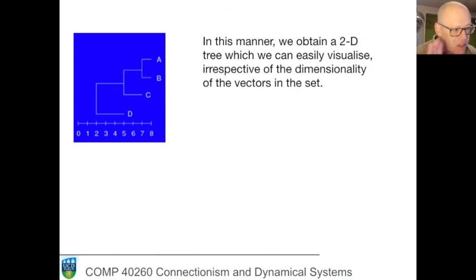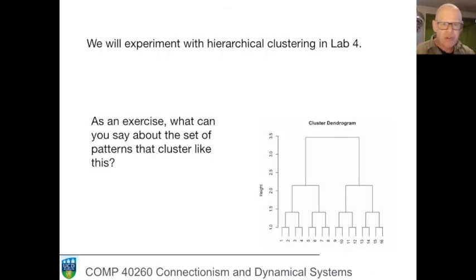That was a particularly simple data set, and we will be experimenting with this in Lab 4, trying it out. Basic prop supports hierarchical clustering. Consider, if you will, a tree like this, if we'd grown it from a data set and we obtained a tree like the one shown. What would we say about that?